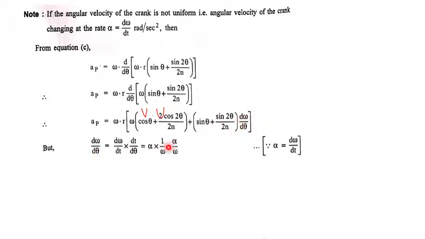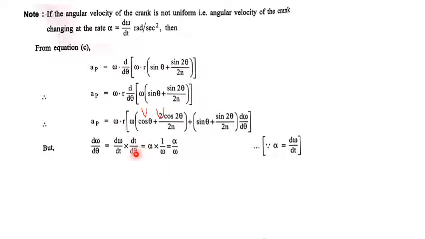By chain rule, this d omega by d theta can also be written as d omega by dt into dt by d theta, right? Because dt and dt get cancelled, I will get the original equation. Now d omega by dt is nothing but alpha, so I will substitute alpha.